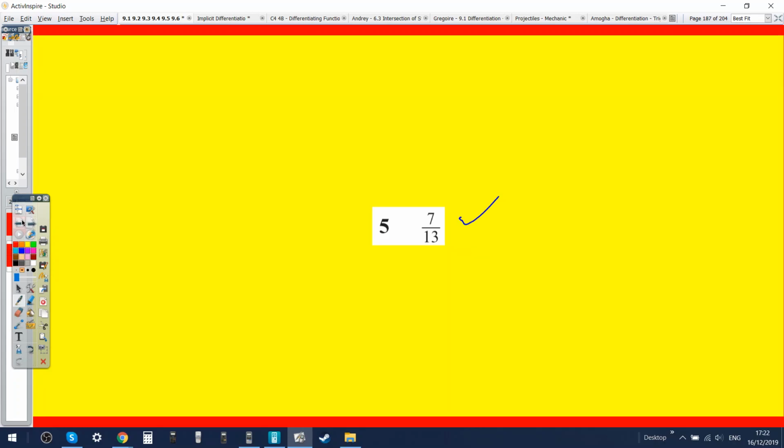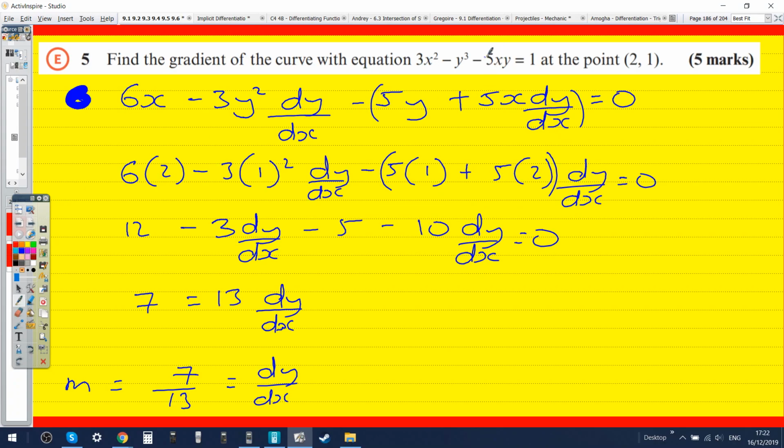And so just watch out for this if it's got a minus on the outside. The product rule for f(x,y) would be 5y plus 5x dy dx, and so the minus would be the negative of that. Any question about that?